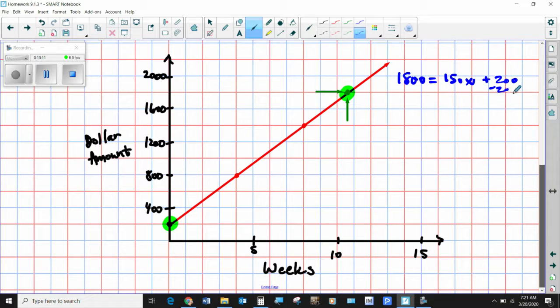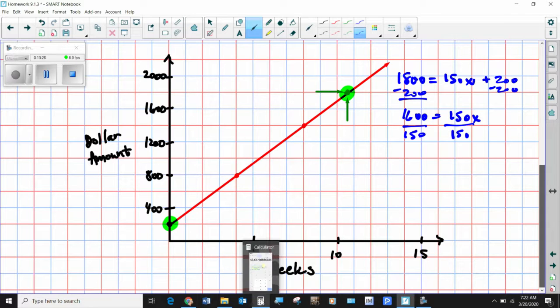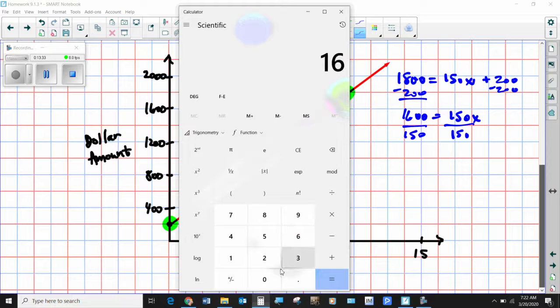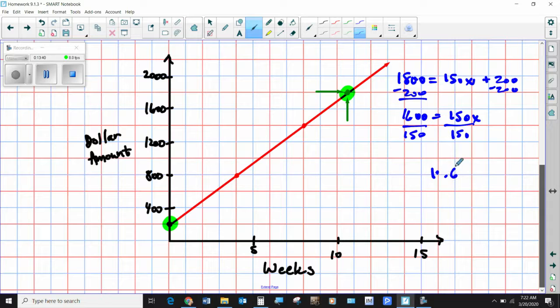So I'm going to take away the $200 from the 1,800 because that's going to tell us how much she needs to save over this time period, since she's saving $150 per week. Now I can divide each side by 150 and take out my trusty calculator. And let's see, 1,600 divided by 150. And yes, it gives us 10.6 repeated. So that's what I was expecting, right around 10 2/3 right there.